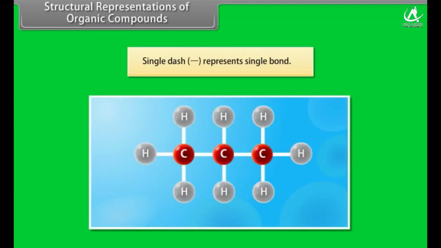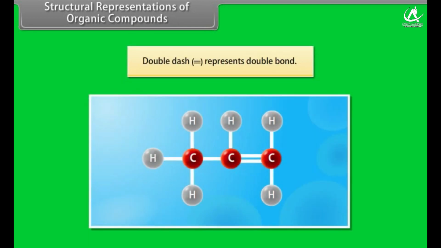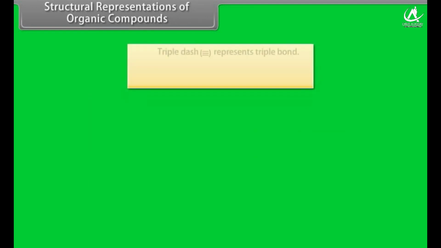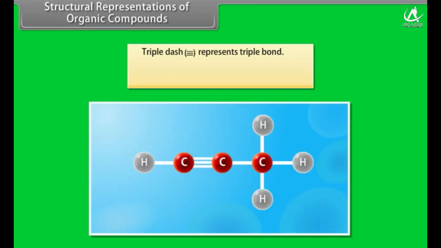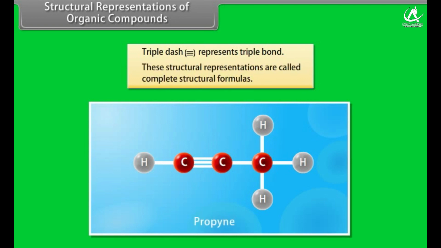Single dash represents single bond, for example, propane. Double dash represents double bond, for example, propene. Triple dash represents triple bond, for example, propyne. These structural representations are called complete structural formulas.